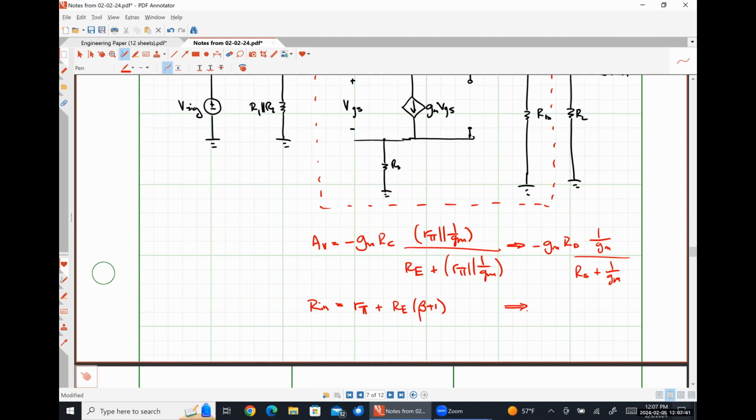What's the input resistance of the part in red going to look like as a MOSFET? So first, beta isn't a thing for a MOSFET, so that's a little problematic. However, rπ being replaced by infinity means that it's just going to look like infinity.